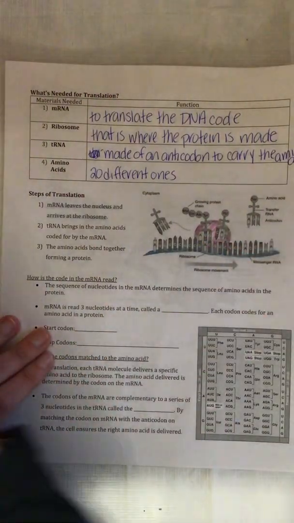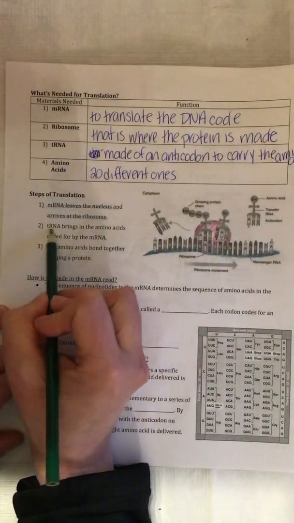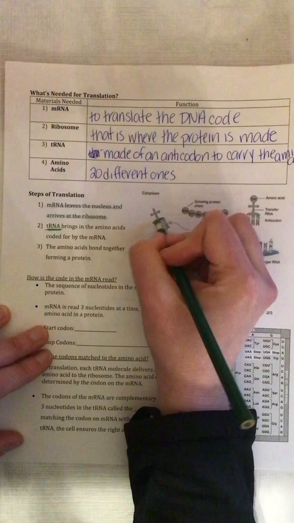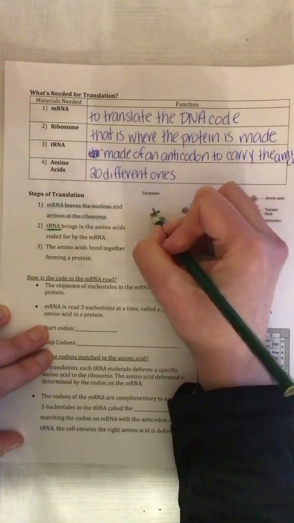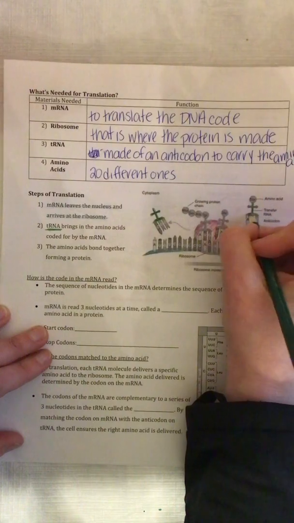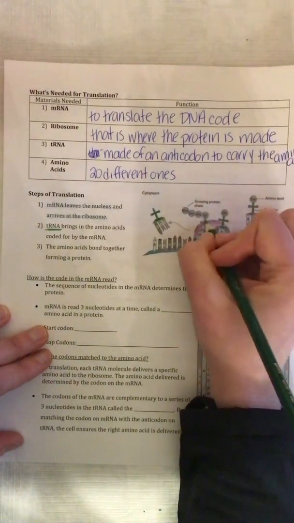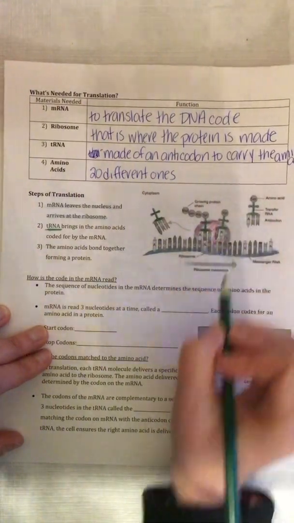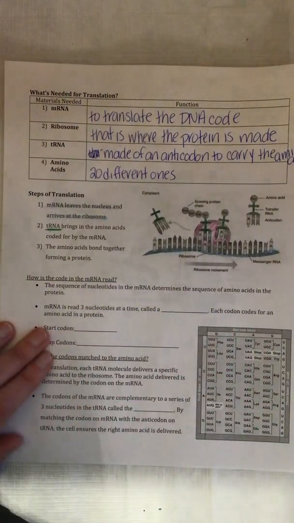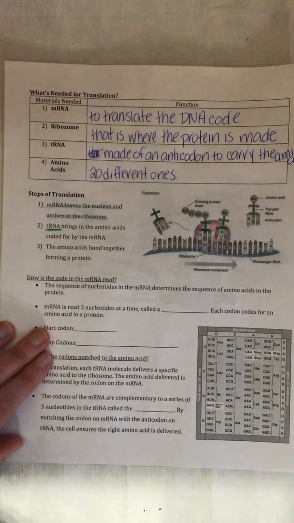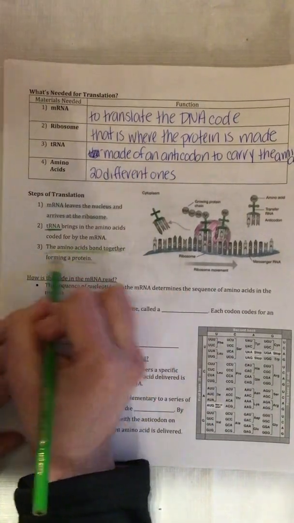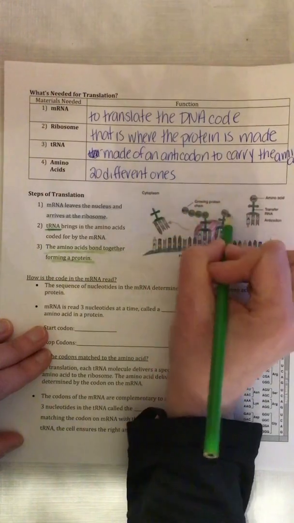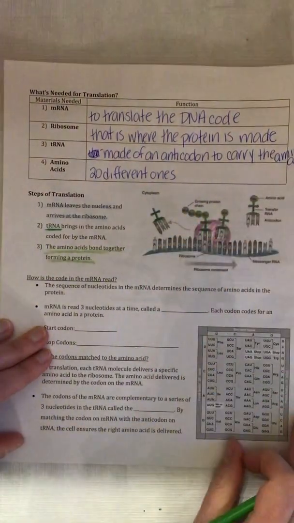And then we have our tRNA, which brings in the amino acids coded for by the mRNA. So these are all of our tRNAs, and they're all floating throughout the cytoplasm. And they're bringing all of the amino acids because the code links up. And then the amino acids are bonded together to form a protein. So these are our amino acids here, bonding together to form a protein.